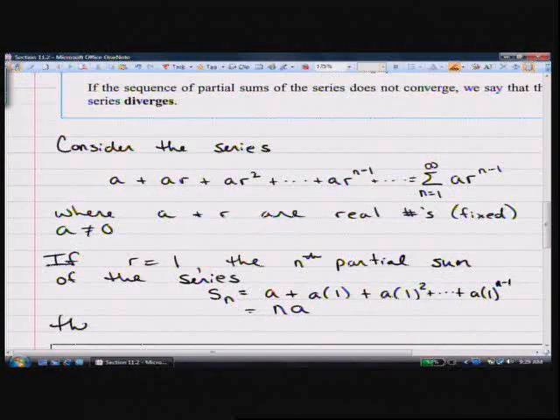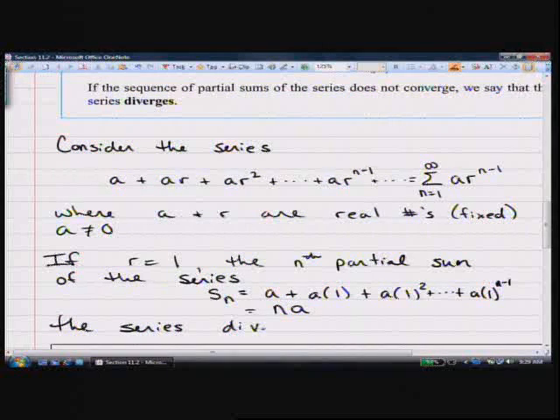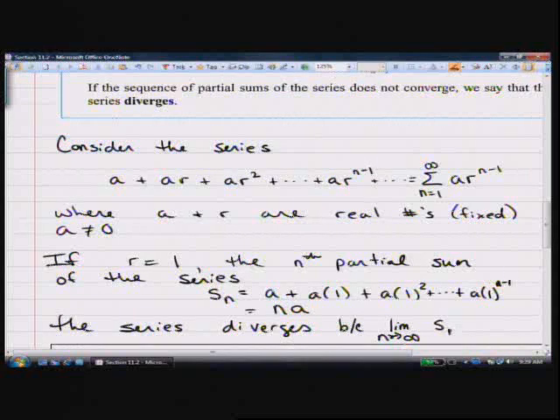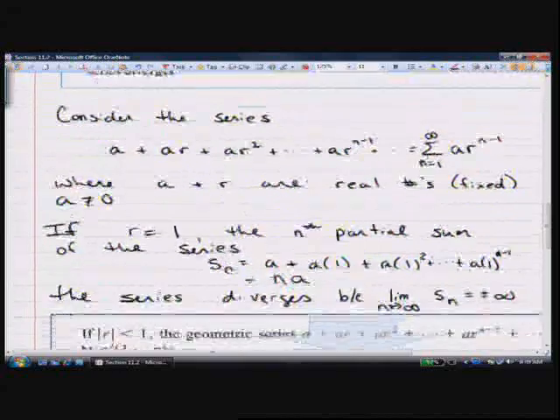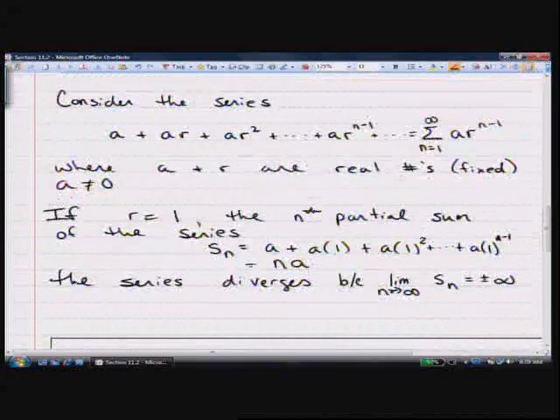So the series diverges because the limit as n goes to infinity of S sub n, remember S sub n, you consider the partial sum, is also going to go to infinity. So we say that as long as a is greater than 1... well, yeah, it could be that a is negative, and then it would go to negative infinity.